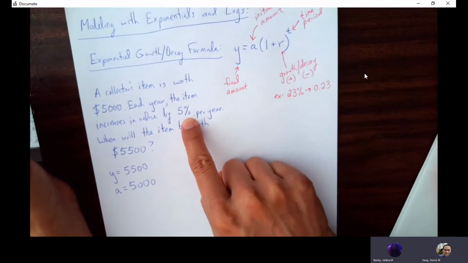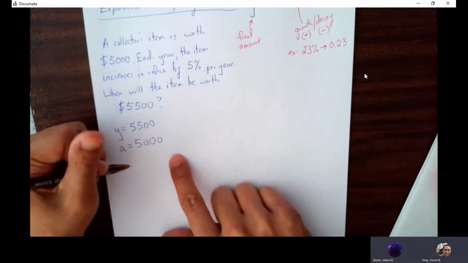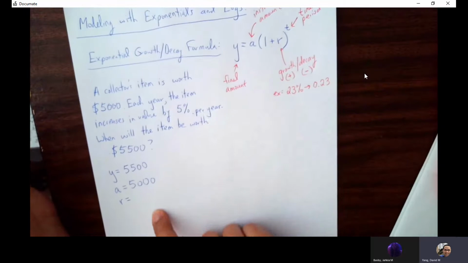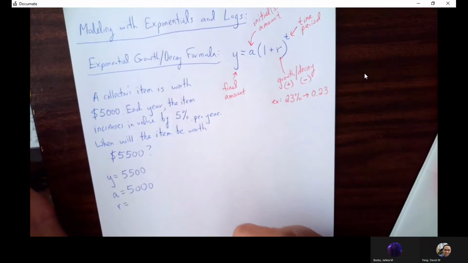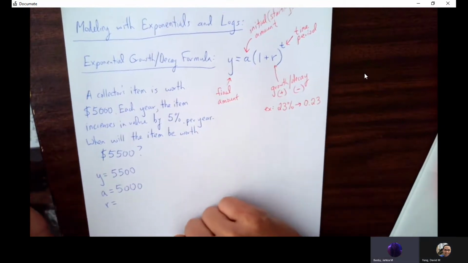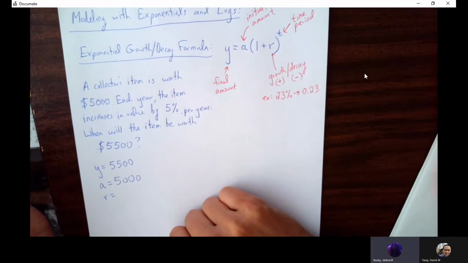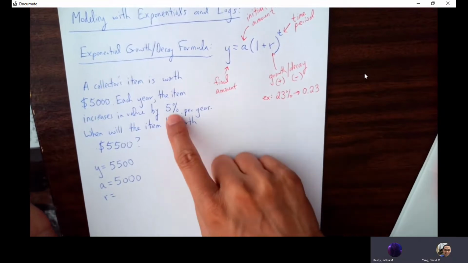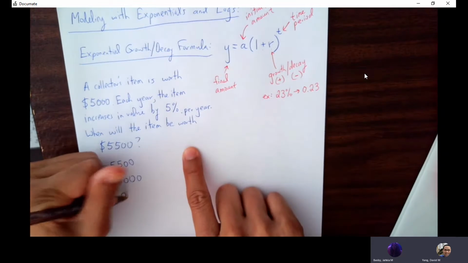It increases in value by 5%. So that's r. What's r equal to? 5%. How do we convert that though? If it's 5%, we have to get it to a decimal. What would that look like as a decimal? 0.05.